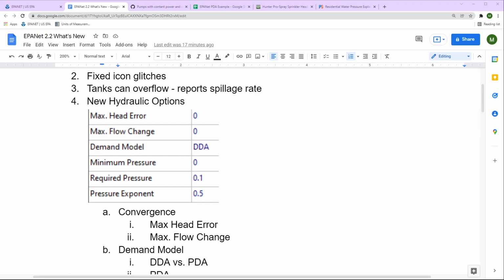But the problem with that, in my experience, is that sometimes around PRVs, pressure reducing valves, or PSVs, pressure sustaining valves, and there may be other instances, the continuity error around certain types of valves can be alarmingly high.